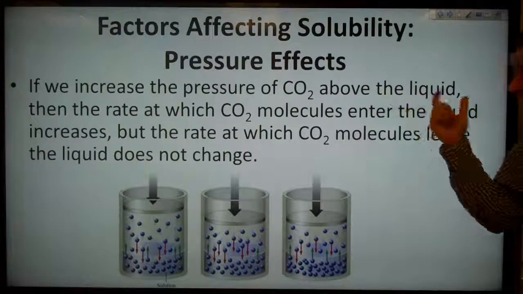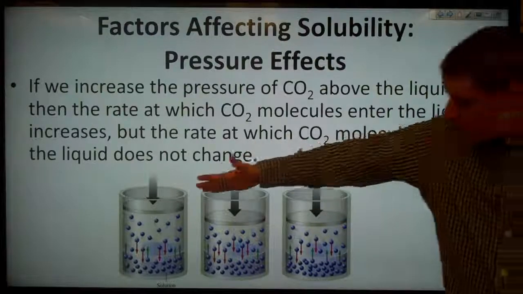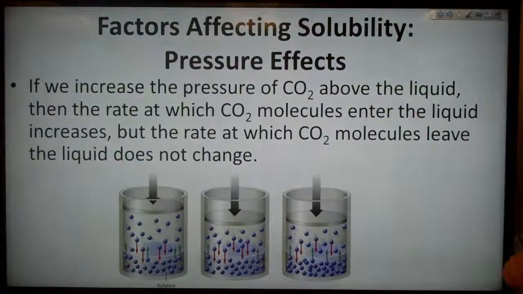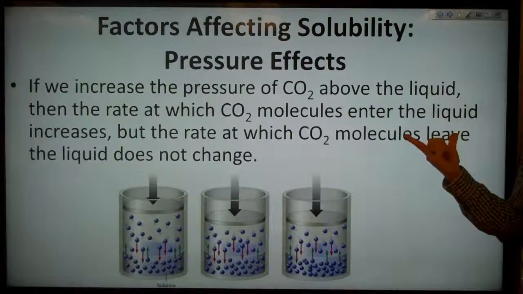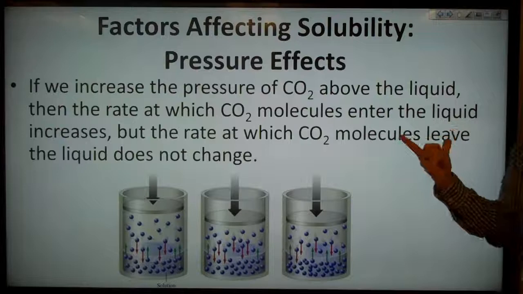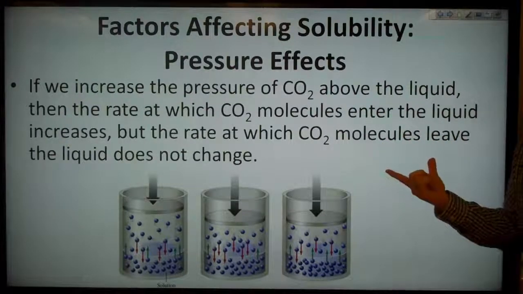So if we increase the pressure of carbon dioxide above the liquid, so we squeeze down on our piston here, this means that the rate at which carbon dioxide molecules are entering the liquid increases. But at first, the rate at which carbon dioxide molecules leave the liquid doesn't change.